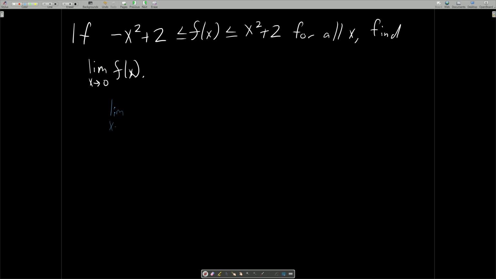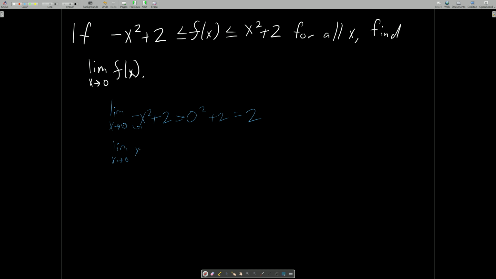The first step in a squeeze theorem problem is to take the limit as x approaches 0, in this case 0, of the left function and the right function. You can just use direct substitution to get negative 0 squared plus 2. That comes out to 2.